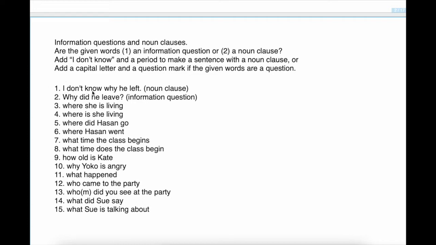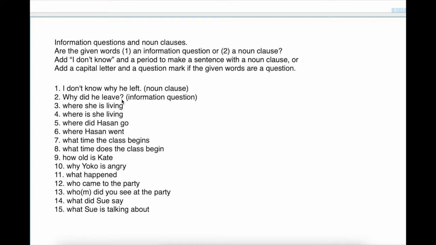I don't know why he left. This is not information question. This is noun clause, so they added I don't know and period. 2. Why did he leave? This is the information question, so capital letter and question mark.